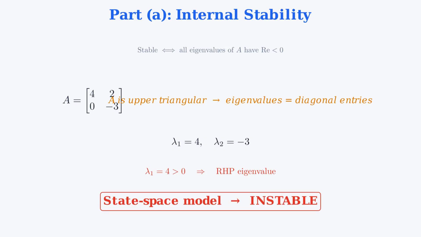The diagonal entries are 4 and -3. So the eigenvalues of A are lambda 1 equals 4 and lambda 2 equals -3. The eigenvalue 4 has positive real part, that is, in the right half plane. Conclusion, the state space model is unstable.